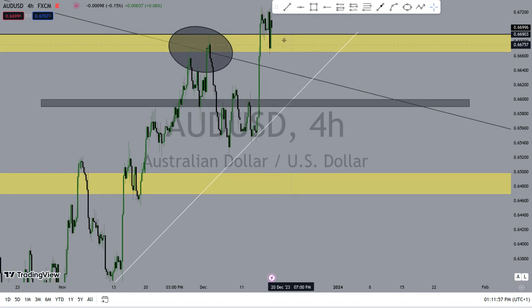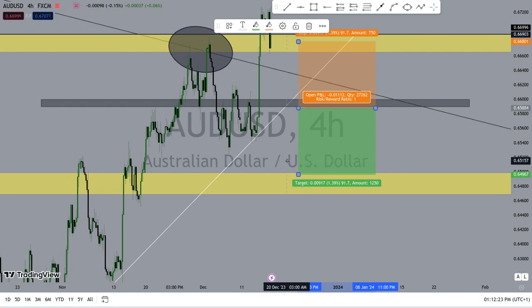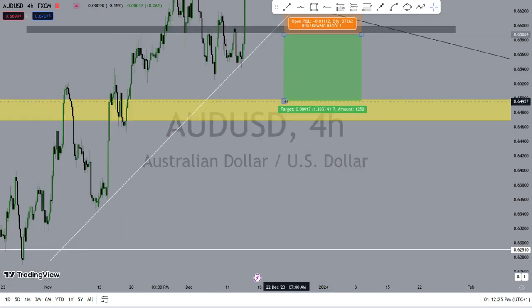But for now, you can't really tell what it is about to do. There's a whole lot of consolidation around this region. We don't know what's gonna be the outcome or the next move, but we just hope it comes back down to give us a clear break of this counter trend line, and then we look for a retest, and then we take it down.